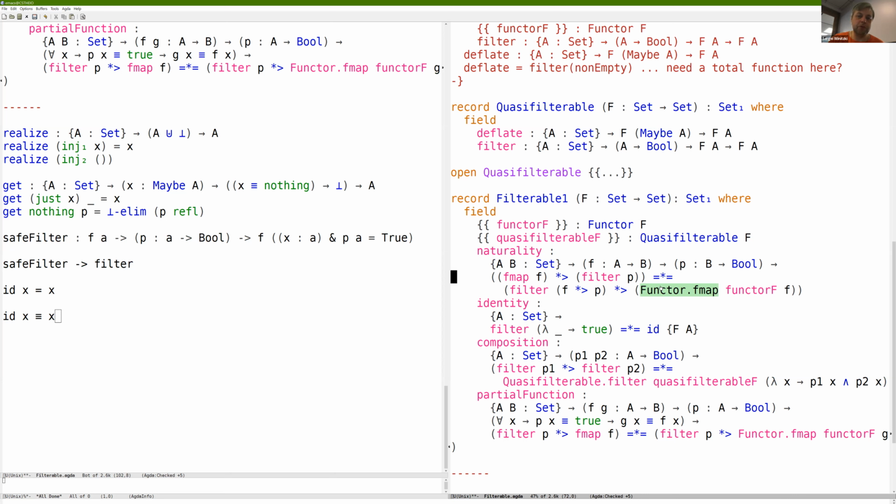So first you fold, and then let's say you count the number of elements that satisfy some condition. And then you first filter, and then you again count the number of elements that satisfy this condition. And that must be the same.